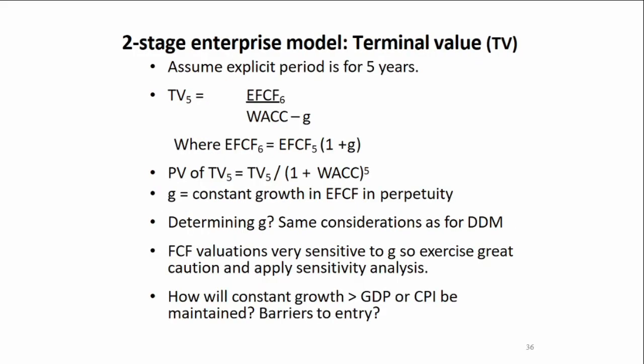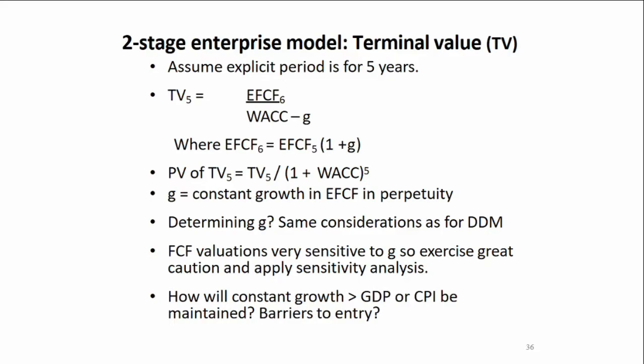So how are we going to calculate our terminal value? We will calculate our terminal value using the formula in this slide. So if we assume we have an explicit period or planning period, which is for 5 years, during this period, growth is not going to be constant.